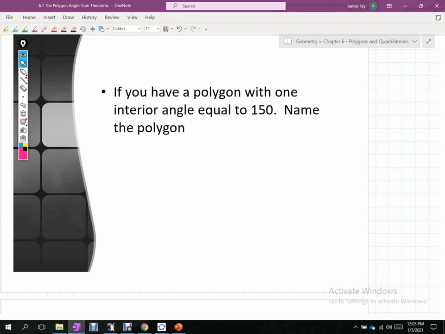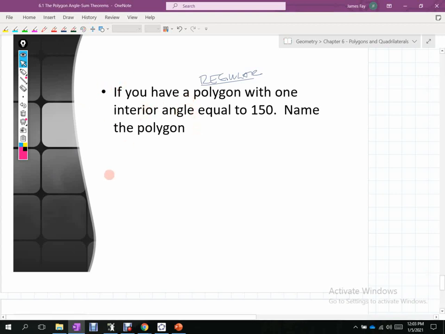So the direct way with dealing with an interior angle, and it should say, we can't do this if the polygon is not regular, okay? So I say if you have a polygon with one interior angle equal 150, I need to say if you have a regular polygon, because I have to have the assumption that they're all the same.